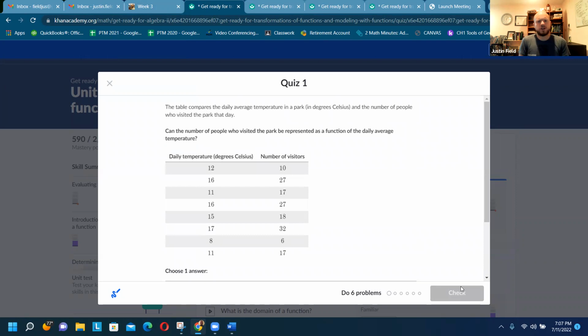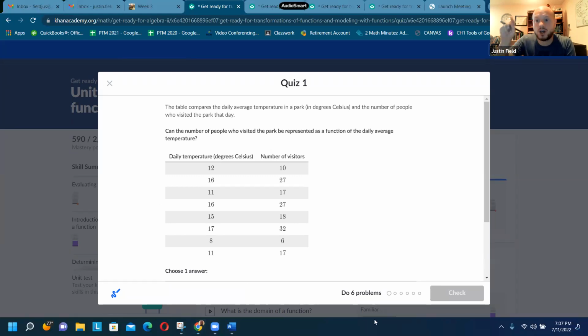The table compares the daily average temperature in a park in degrees Celsius and the number of people who visited the park that day. Can the number of people who visited the park be represented as a function of the daily average temperature? Okay, well, if it can be represented as a function, then that means that each input goes to a unique output.